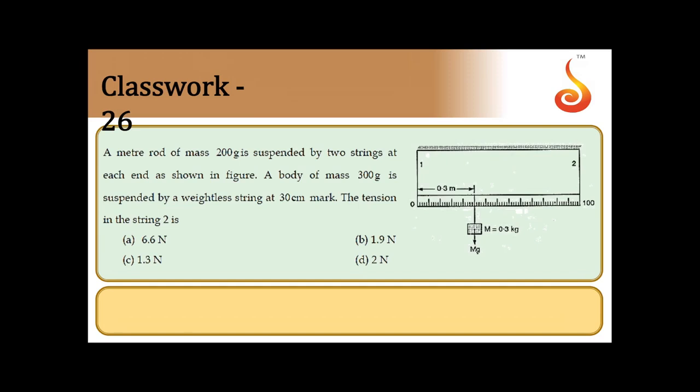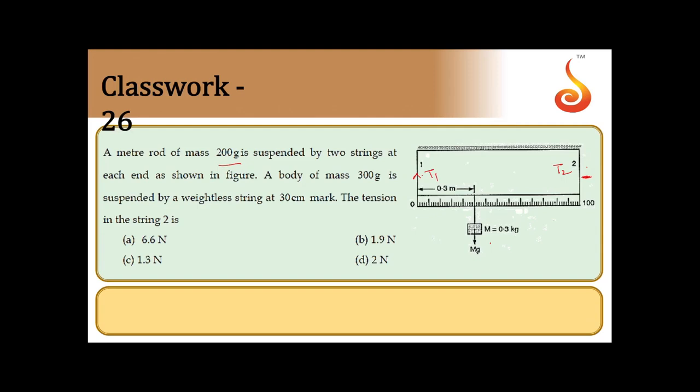So they are asking tension in this particular string 2. So mass of the meter rod is given 200 gram. It is suspended by 2 strings, and here there is an additional weight added 0.3 kg. So you need to find tension in this. Let this be T2. Let the tension in this be T1.